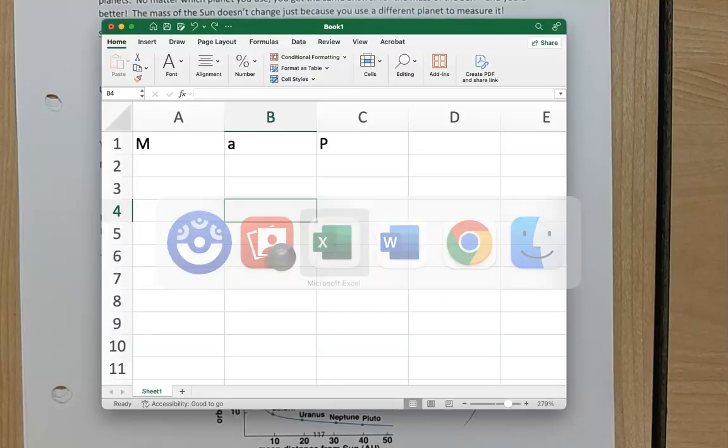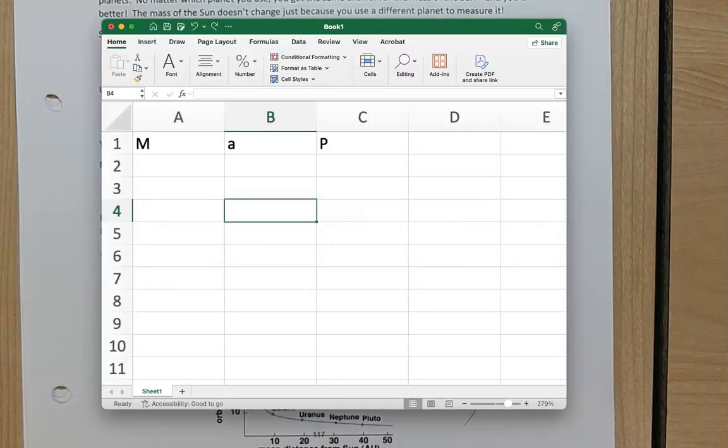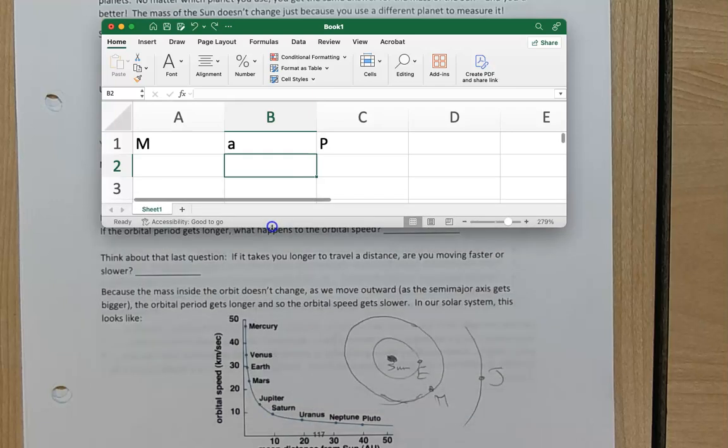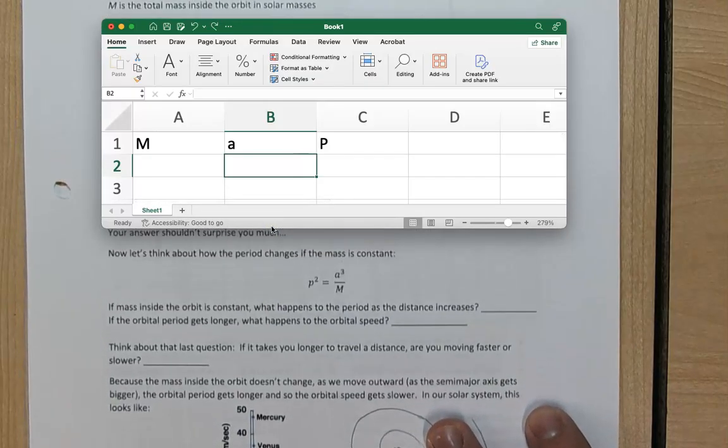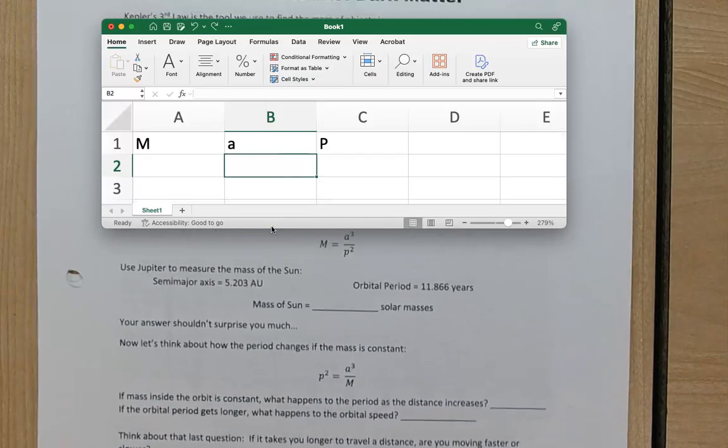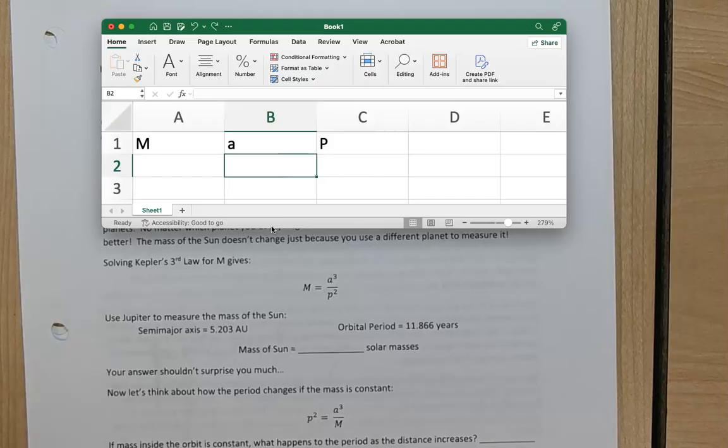We programmed our spreadsheet for Kepler's laws to do this before, but remember, to make our lives easier here, right? That the mass is the semi-major axis cubed divided by the period squared.